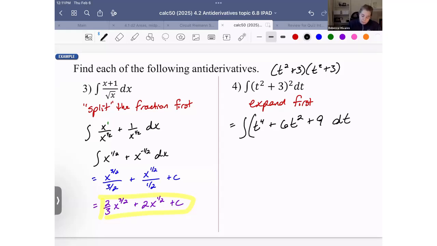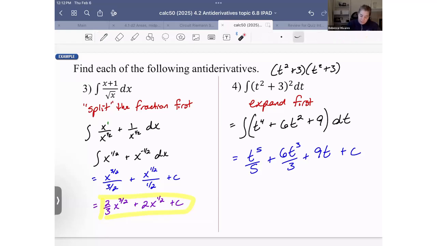And if you want, you can put parentheses around your integrand. And then do the power rule. t to the 5th over 5 plus 6t cubed over 3 plus 9t. Not to be confused with 90. 9t, not 90, plus c.